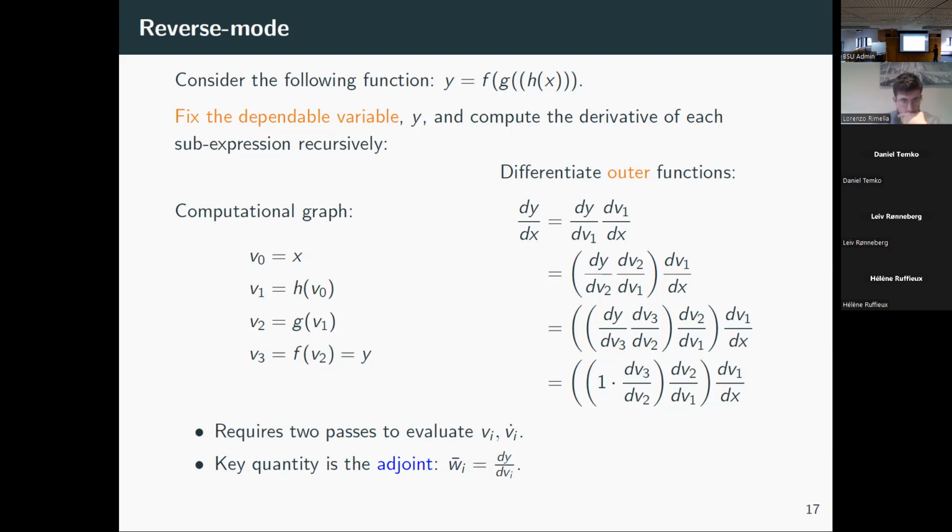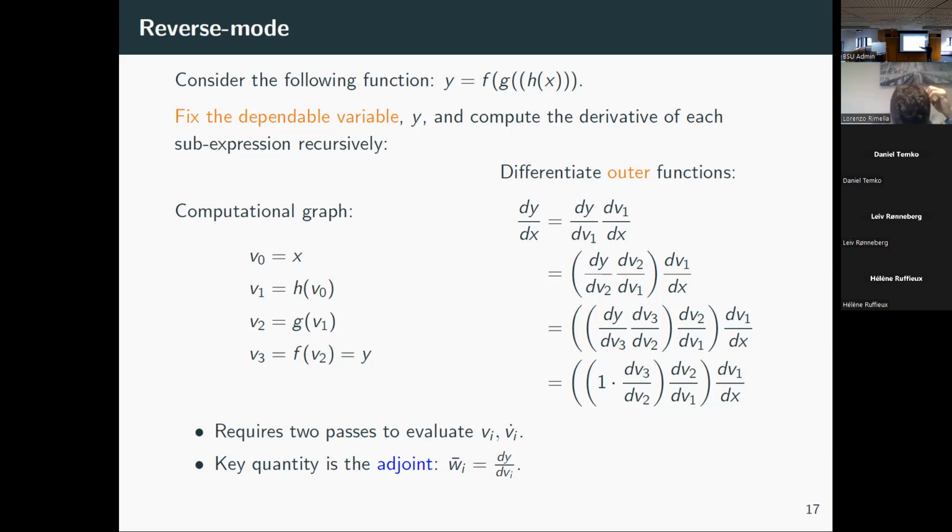So remember, in the forward mode we started from the right and moved to the left. Here, we do it the other way. You take dy/dv3 and expand, and remember, dy/dv3 is basically 1.